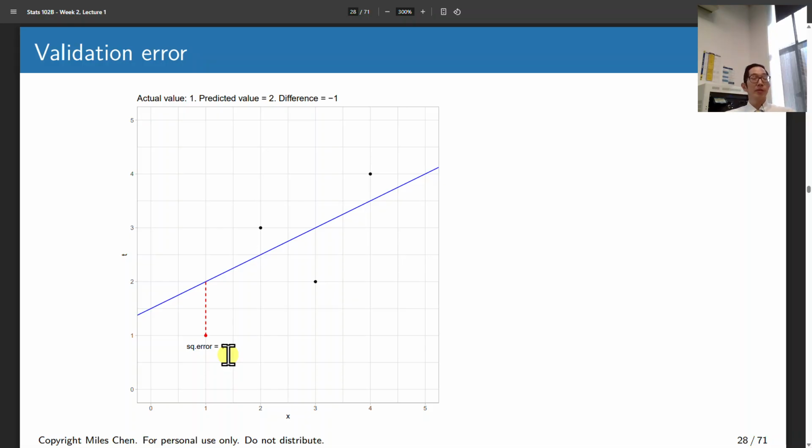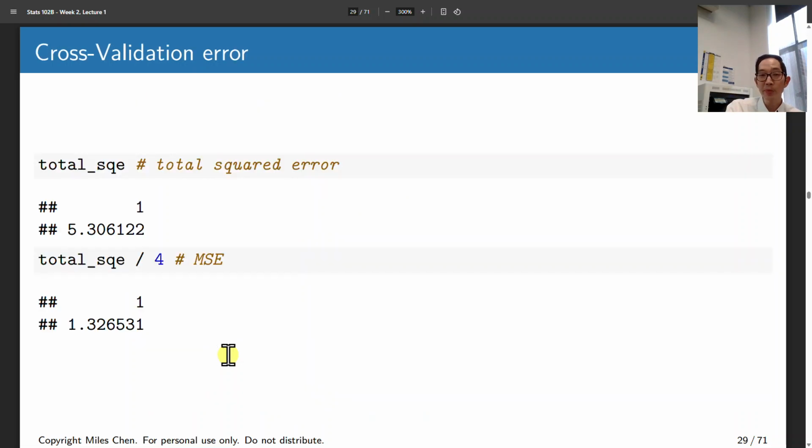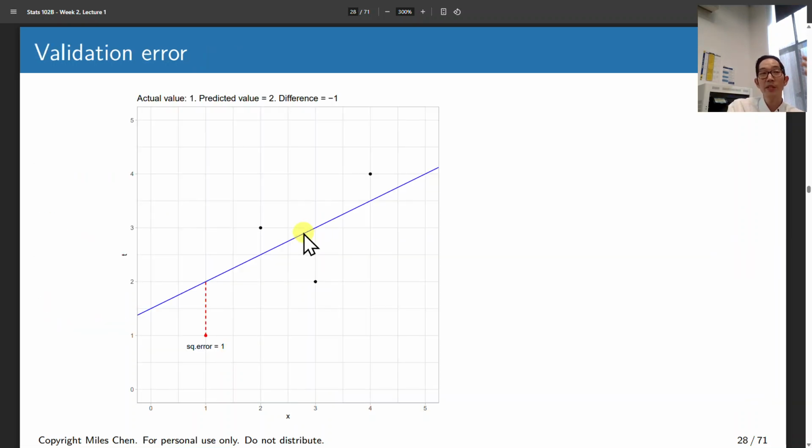So what we've seen is that our original data had 4 data points, and each time we leave one of them out, we fit a line to the remaining 3 data points and make a prediction for the one we left out. Then we measure how much error there is between the one we left out and our prediction for it.